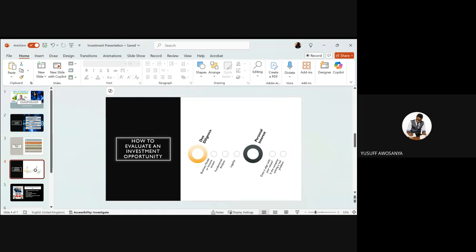But what you now need to do is compare this amount to the similar companies within the sector, and then compare the profitability of these companies together, right?